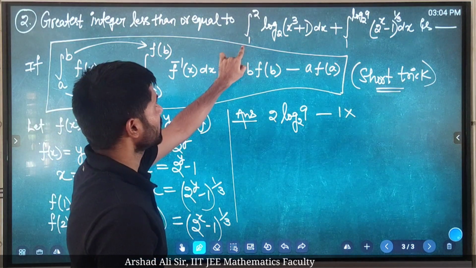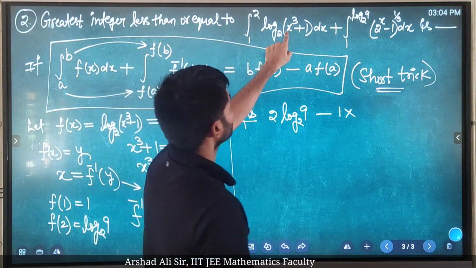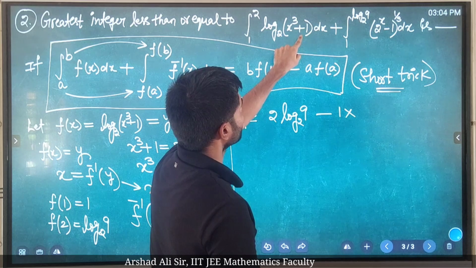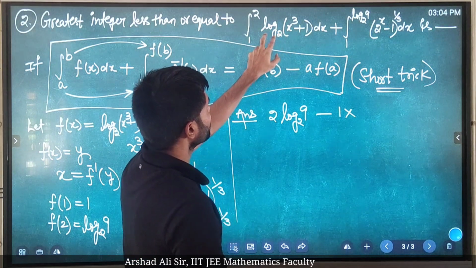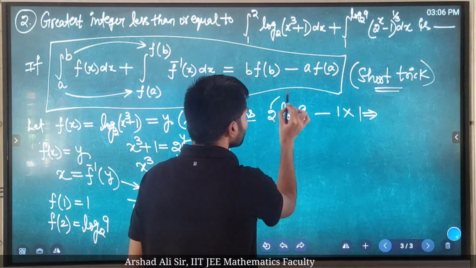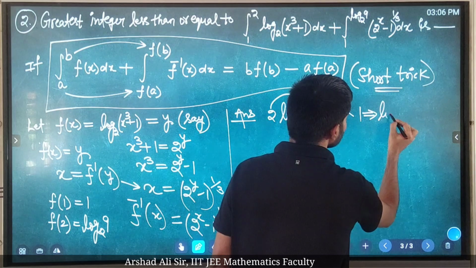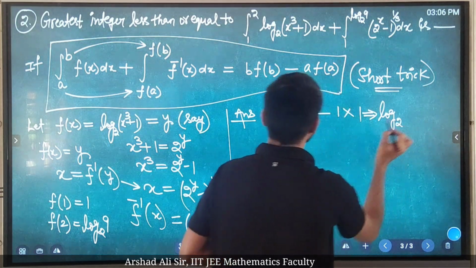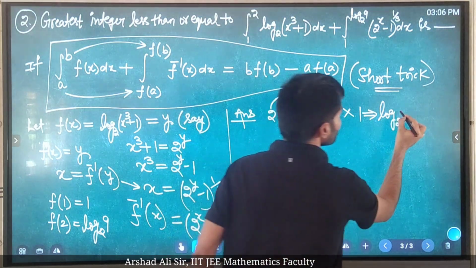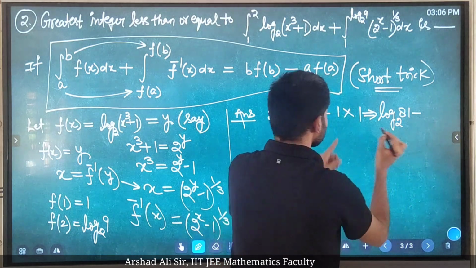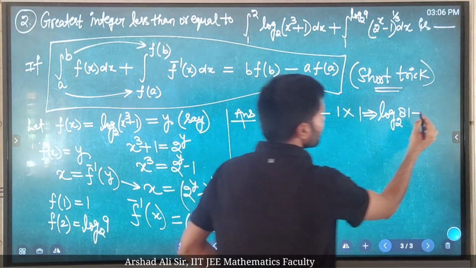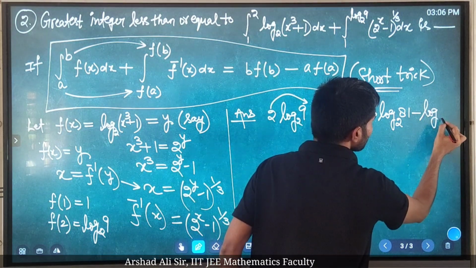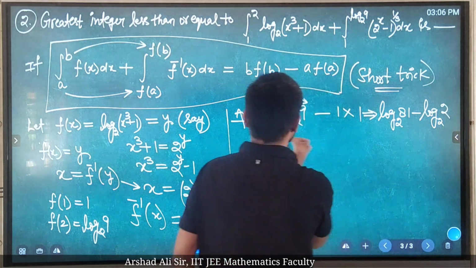Here a means 1, so 1 times f of a. What is the value of f of a? Where a is 1, we put 1 here: 1 cube plus 1 is 2, and log 2 base 2 is 1. The multiple goes into the power, so it is log base 2 of 9 squared, which is 81, minus 1, and instead of 1 we can write log 2 base 2.